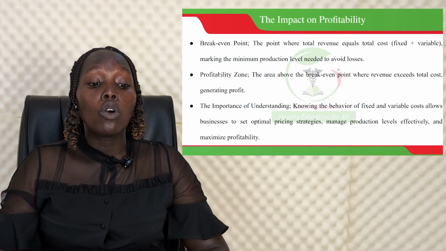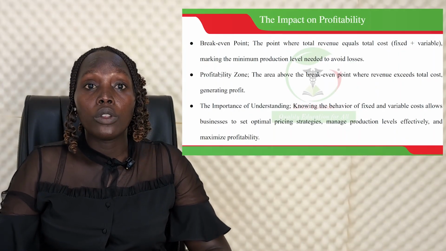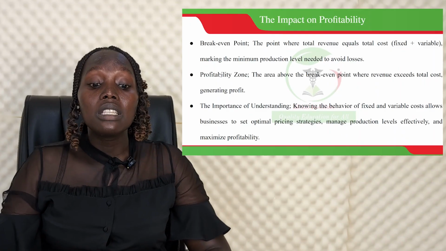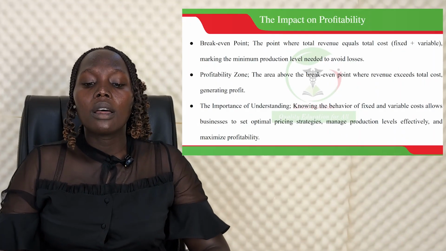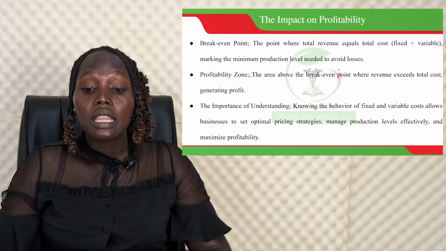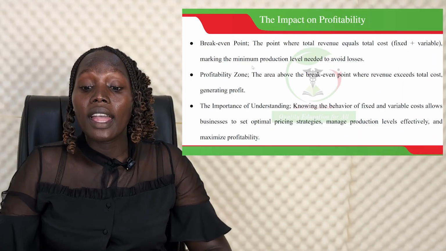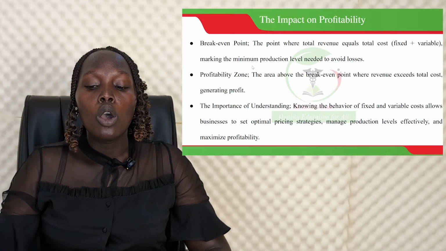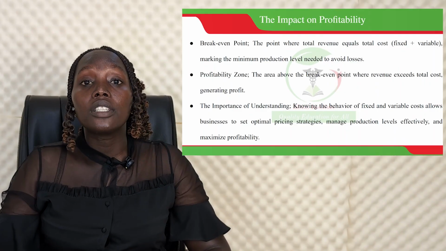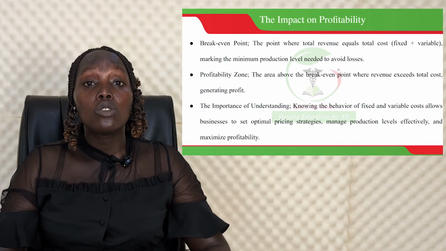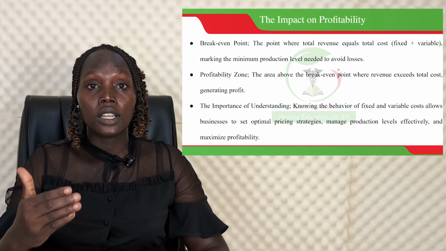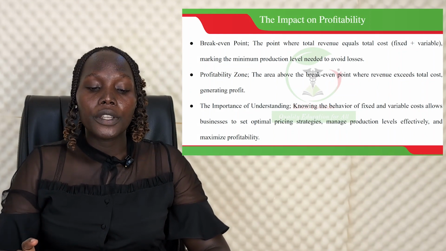And then we have what we call the profitability zone. The profitability zone is the area above the break-even point, where the revenue exceeds total cost, generating profits. It is where you've gone beyond the meeting point.